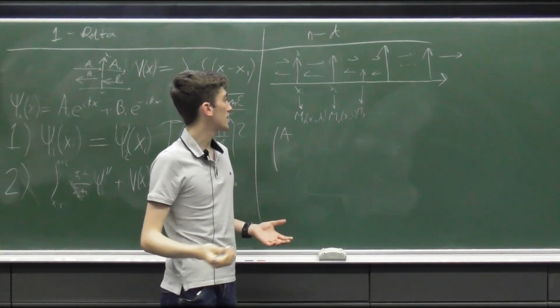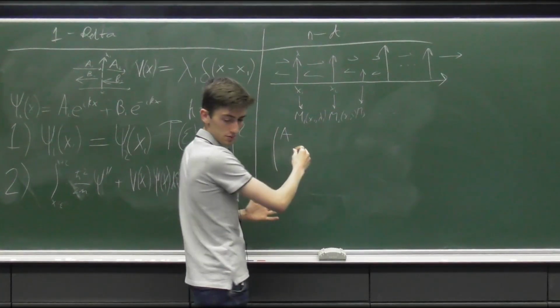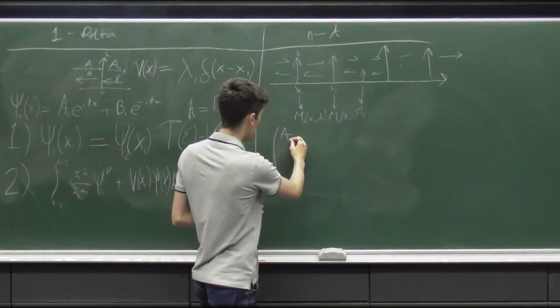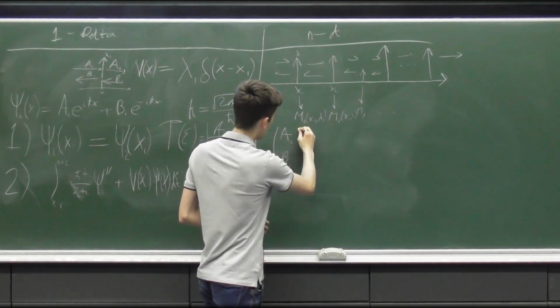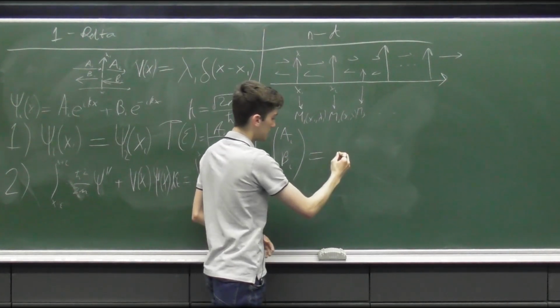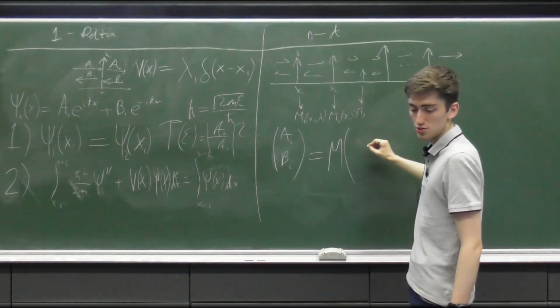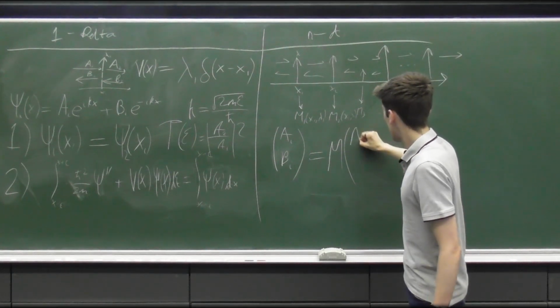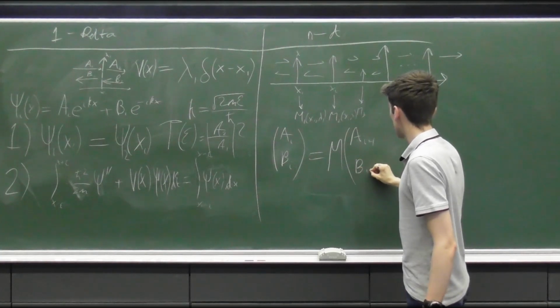There's varying definitions. Sometimes you'll see it reversed. But I define A_i, B_i is equal to the transmission matrix applied to A_{i+1}, B_{i+1}.